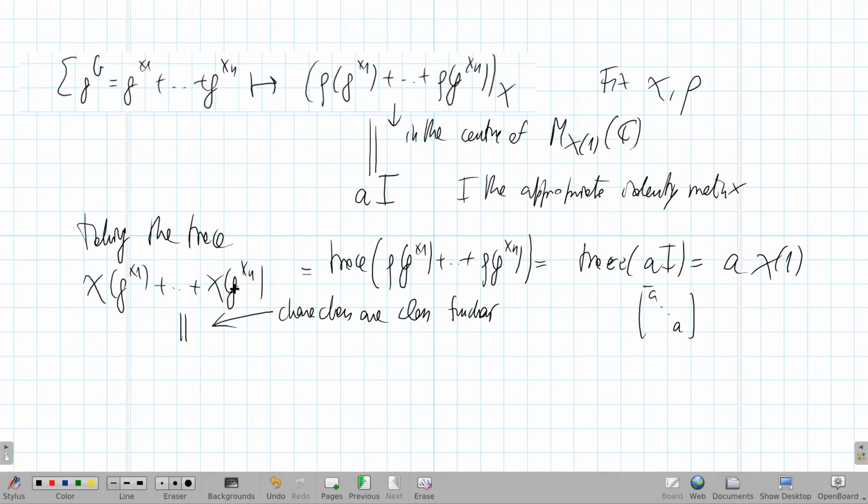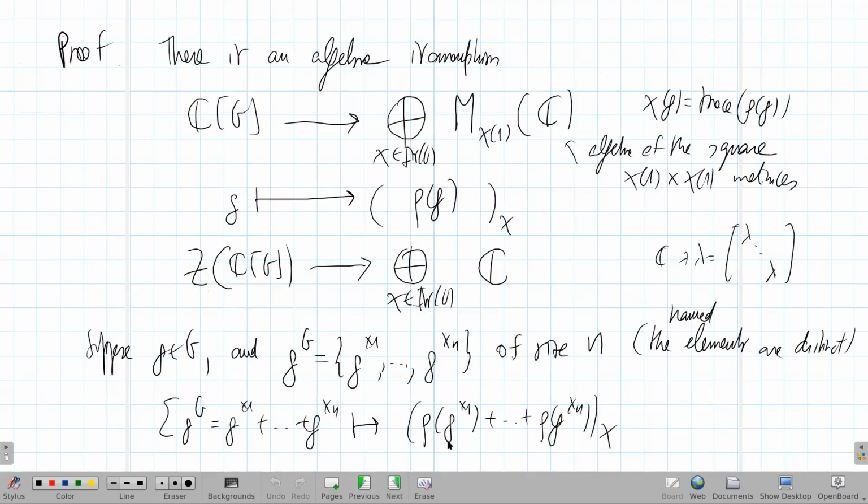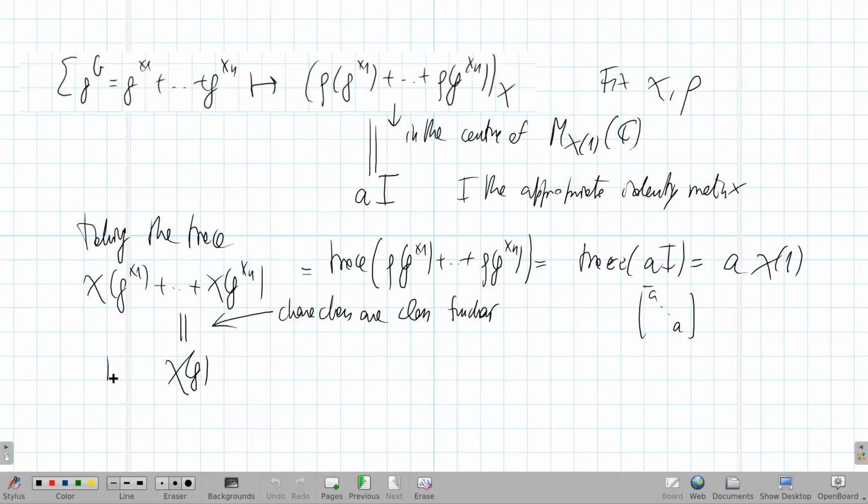So how many times do we have this value? It's the value chi of g multiplied by n, but n, recall, is just the size of the conjugacy class, because we wrote down the distinct elements. So you have to multiply by n, really the size of the conjugacy class.